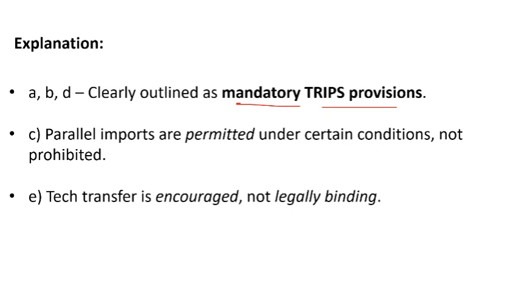It is permitted, not prohibited. Then option E, tech transfer is encouraged, but actually it is not legally binding. You can do it, but there is no legally binding obligation between the countries. So that is why it is also not a correct option. Only ABD is the correct option, which is totally related to the TRIPS provisions.